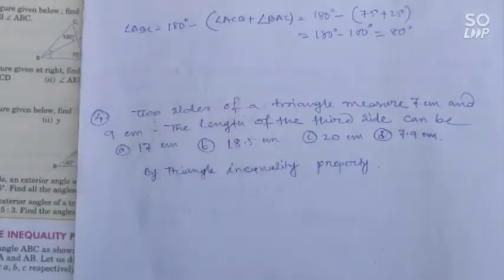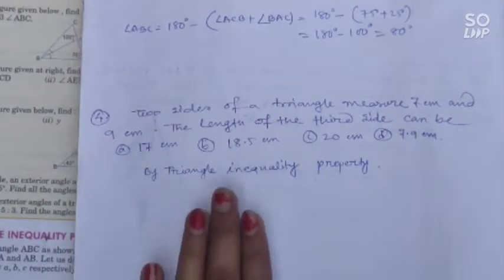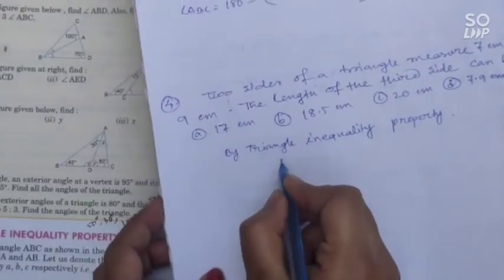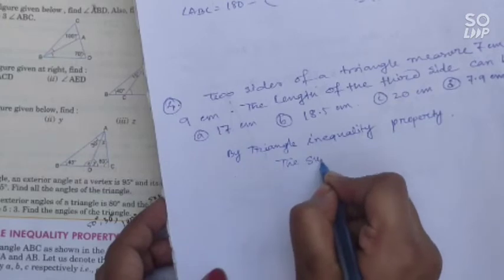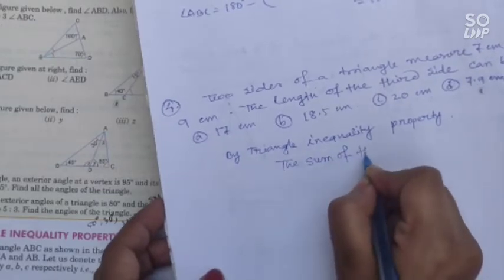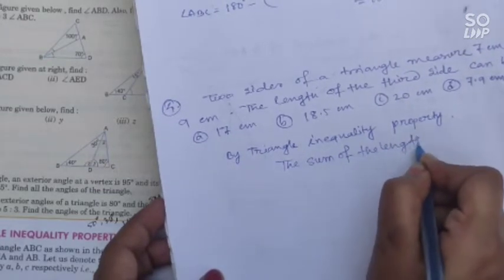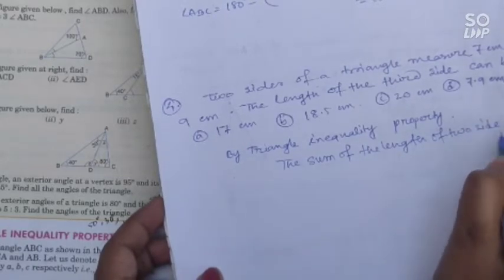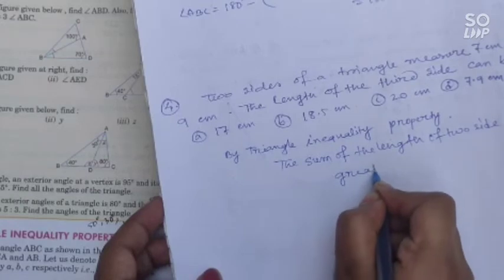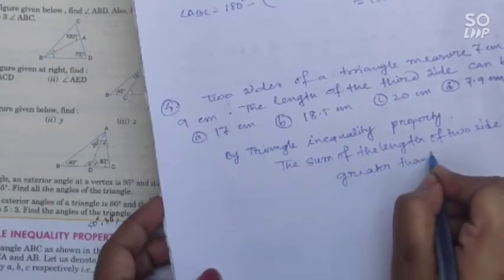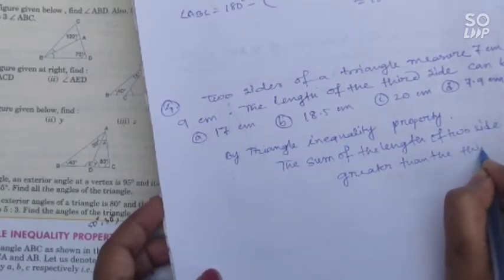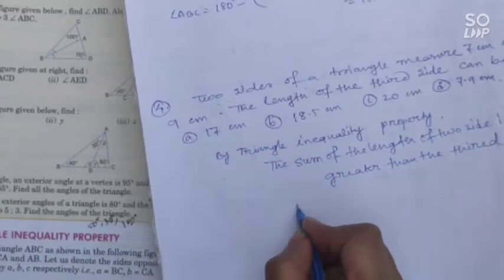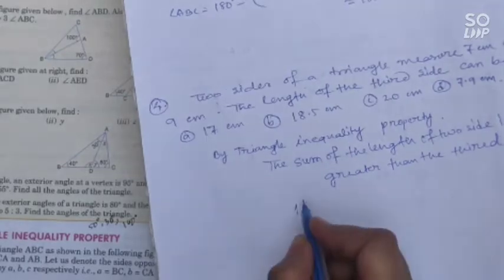So by the triangle inequality property, we know that the sum of the lengths of two sides is greater than the third side. So here the sum of two sides is 16.